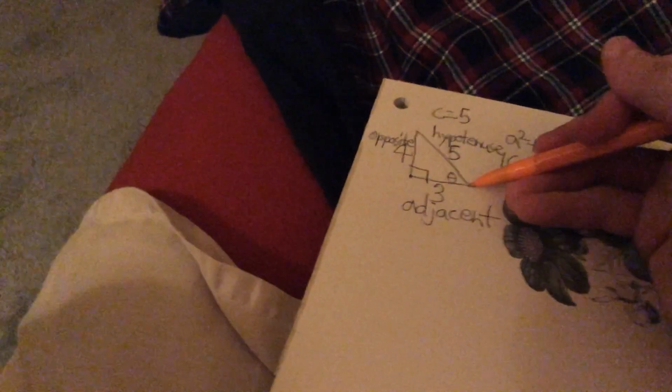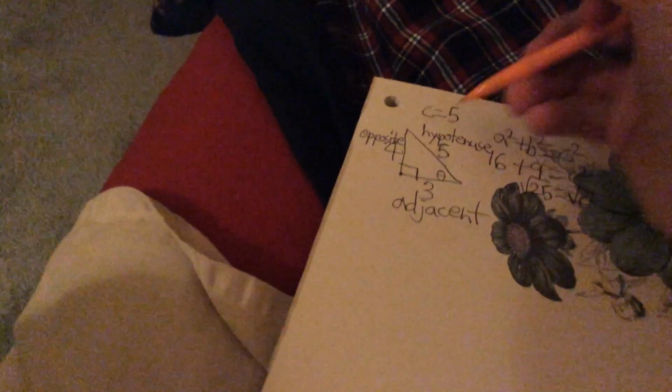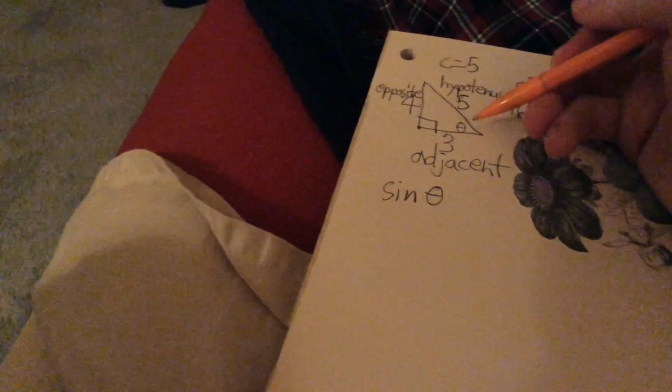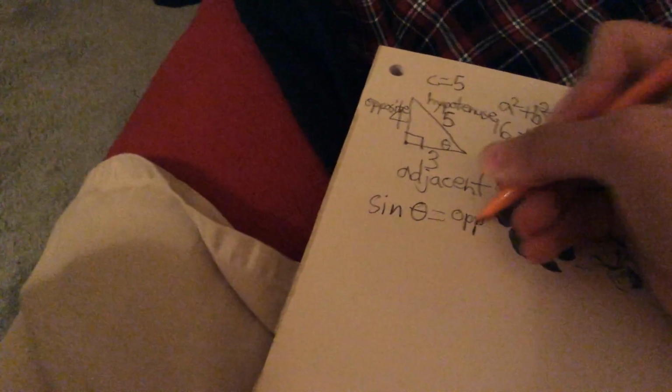A little bit of intuition: opposite over hypotenuse is going to be sine theta. Sine theta is the opposite over hypotenuse, which equals 4 over 5.